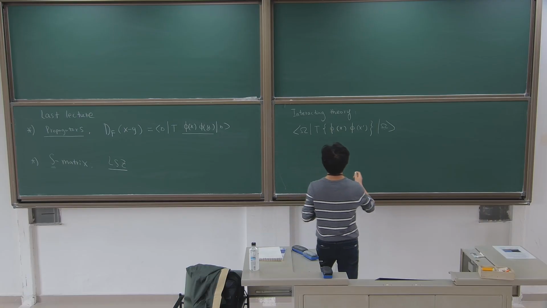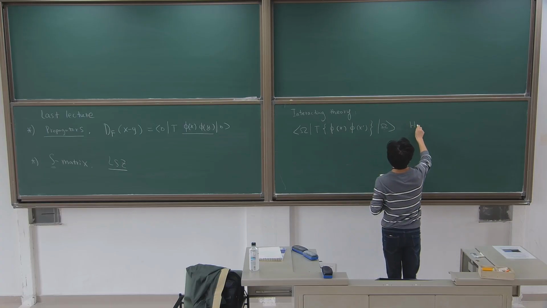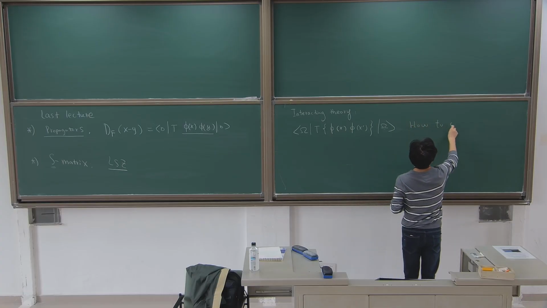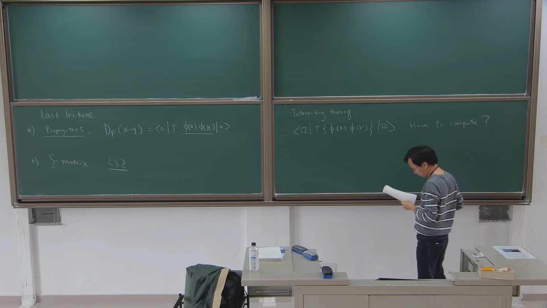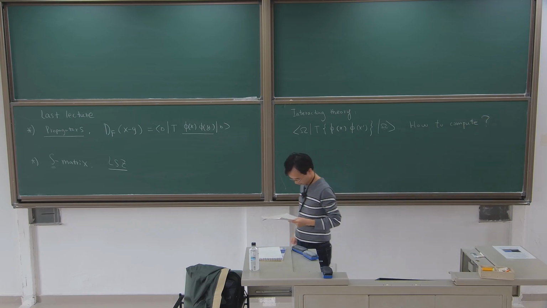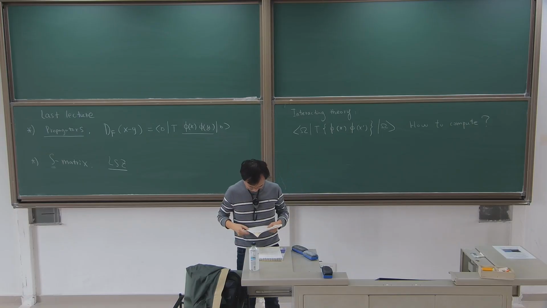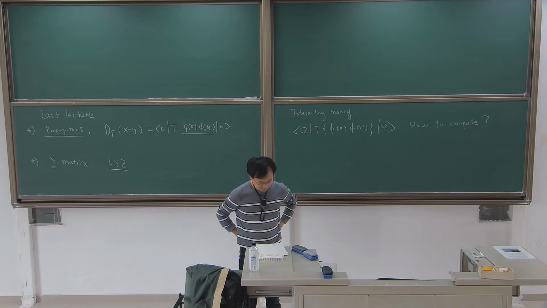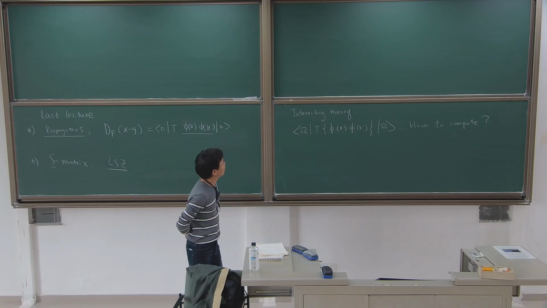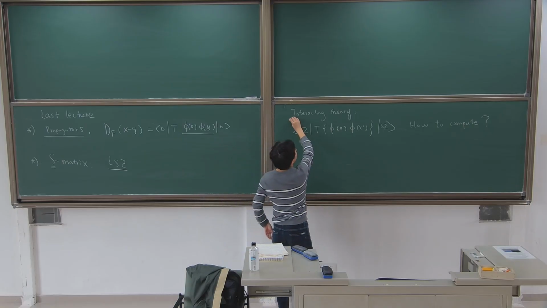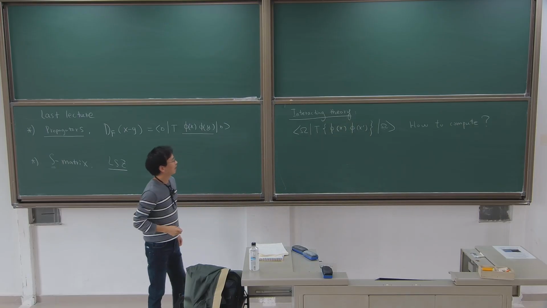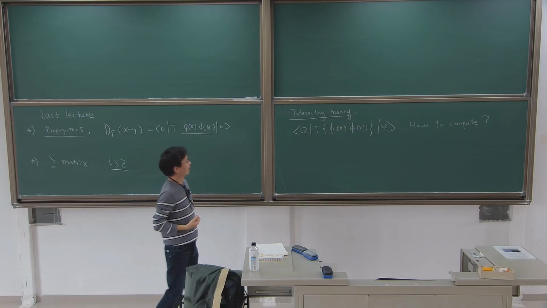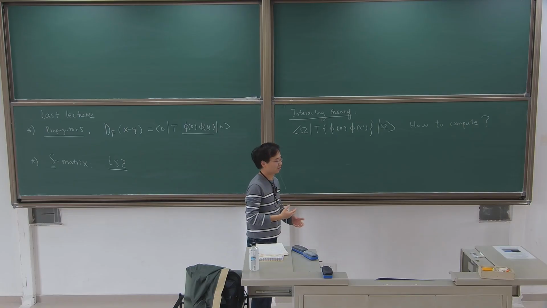So how to compute this one? Obviously, since we're talking about the interacting theory, we saw already from the last lecture that if there is interaction, so many things are changed.